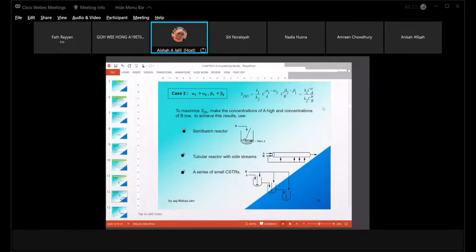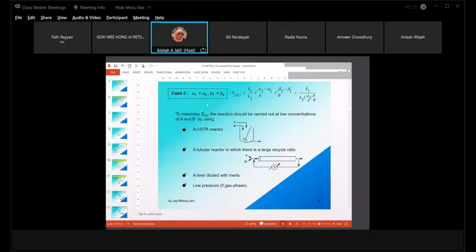And then this is when both are at the bottom. So for SDU maximum, you keep the CA and CB lower. How? You use the CSTR. If you can remember the case 2 for the one reactant, use the CSTR when you want to keep a low concentration.